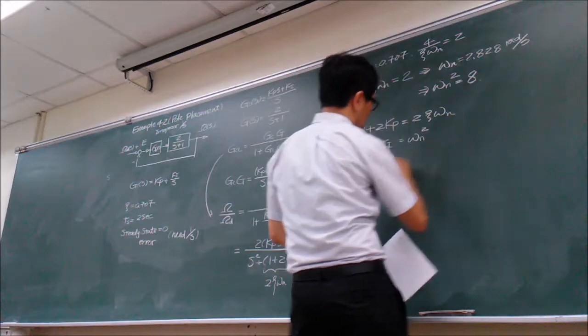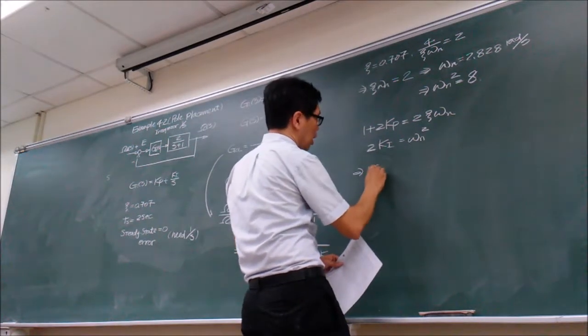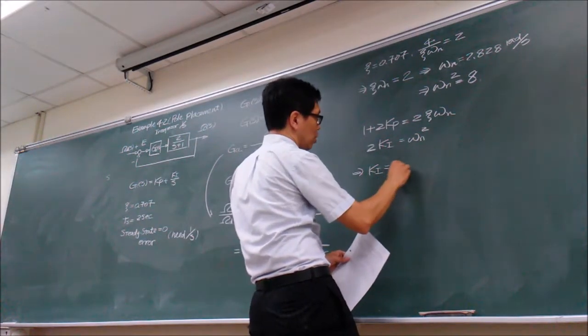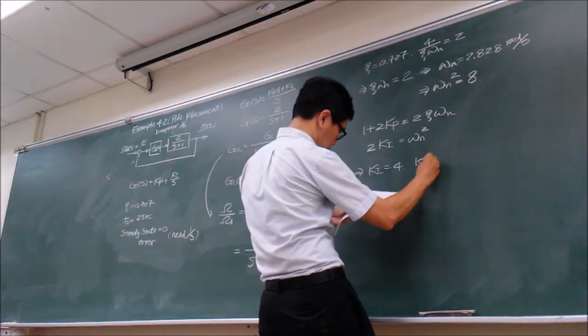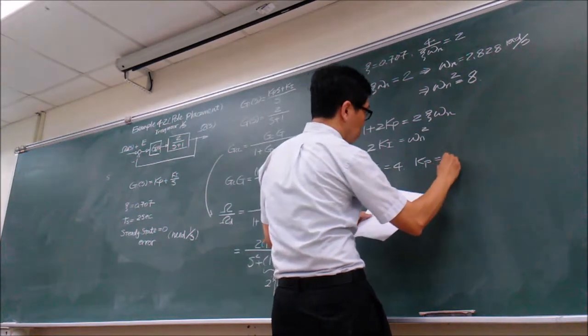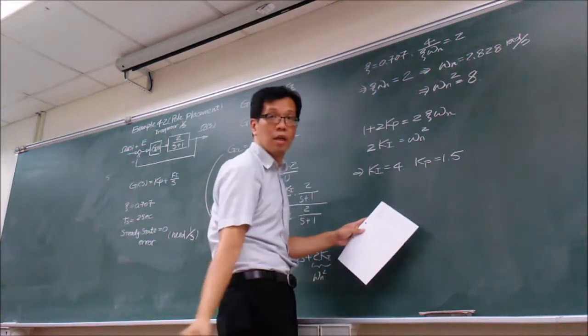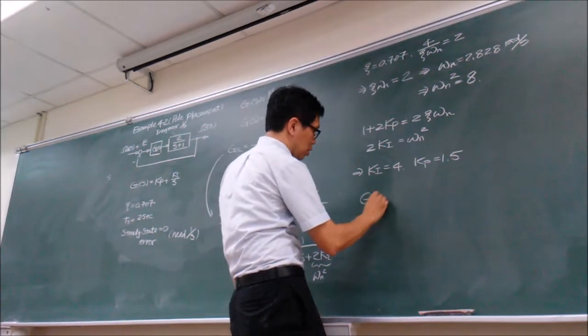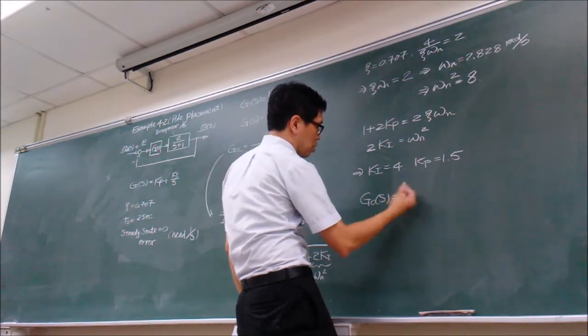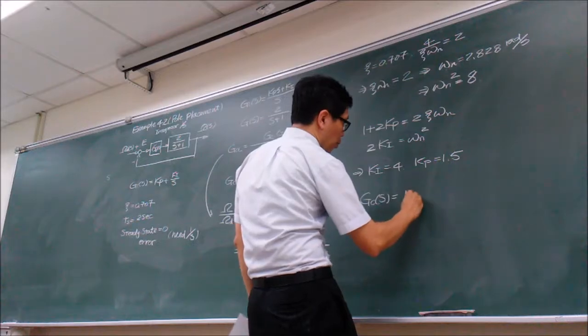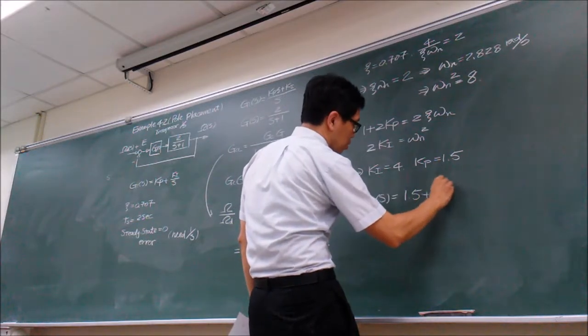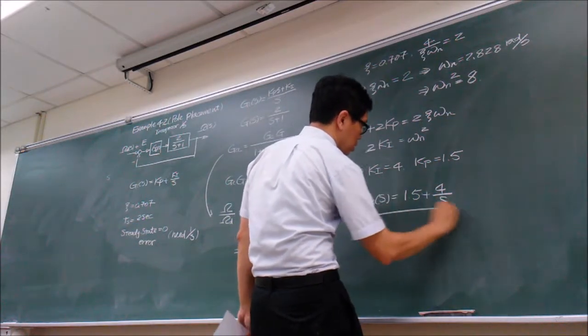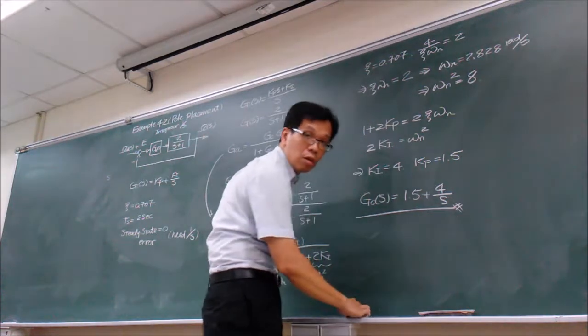Then Ki equals 4, Kp equals 1.5. So your controller is going to be 1.5 plus 4 over S. That will be the answer.